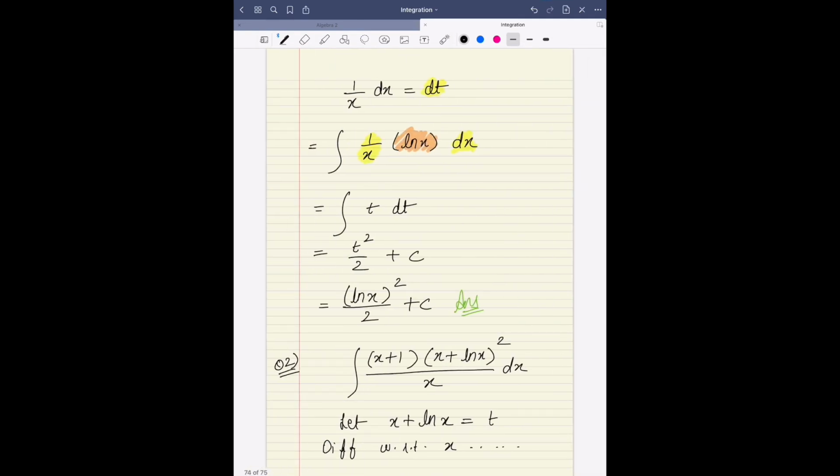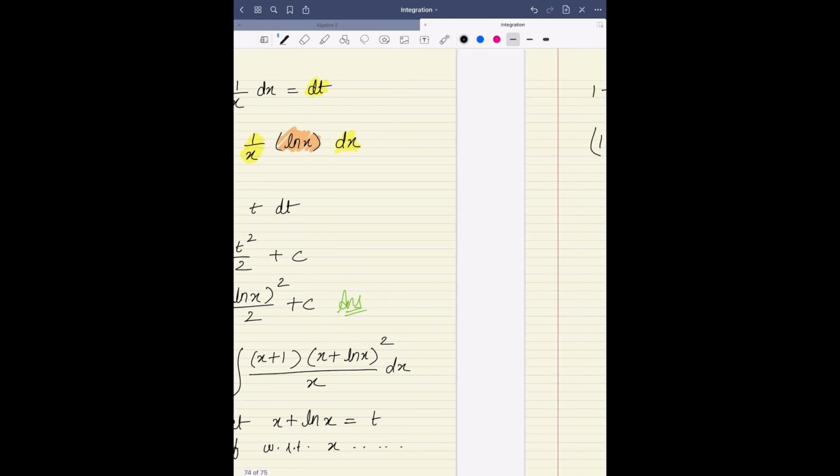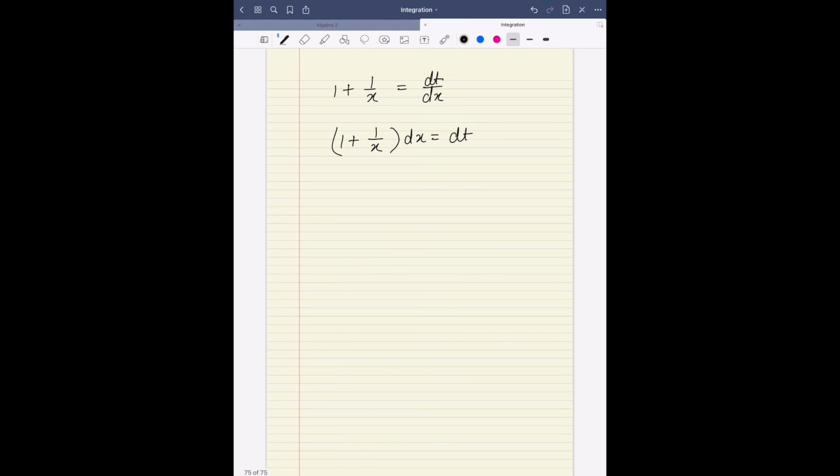Now let's see, using step 3, we will replace our variable from x into t, whatever is possible. Let me rewrite this. We have x plus 1, in bracket x plus ln x whole square divided by x dx.